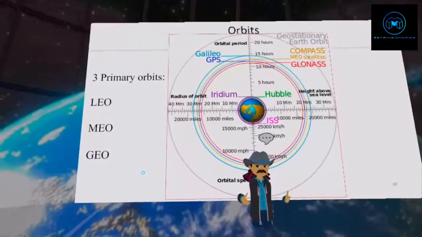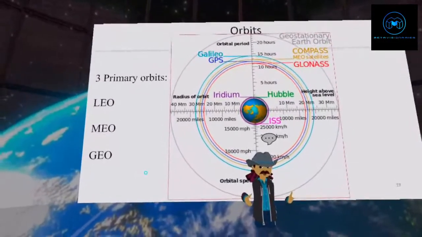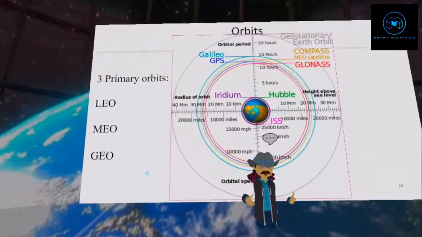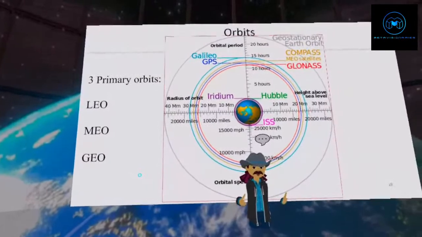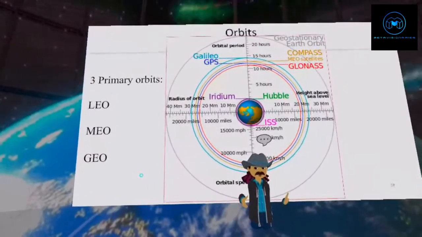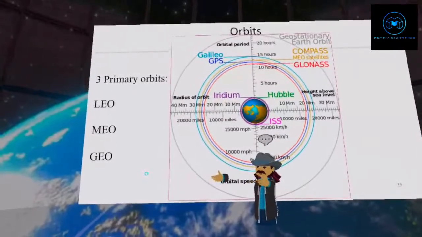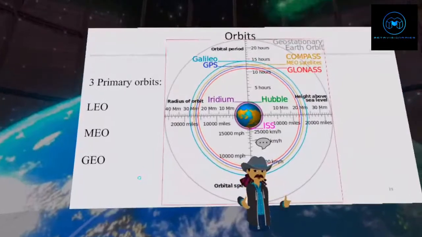In this view, halfway out in our diagram, we have the navigation satellites: Galileo, GPS, GLONASS, etc. And then farther out, we have that magical orbit, the Clarke orbit, where satellites will just hang there stationary in space. And as you move, it moves with you.